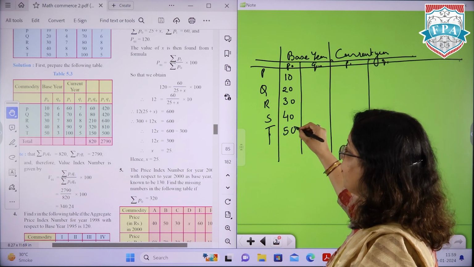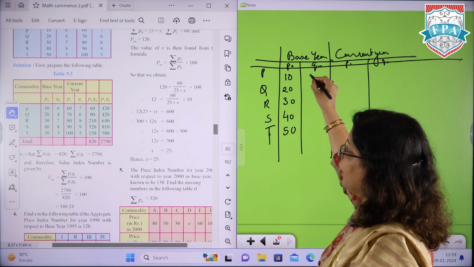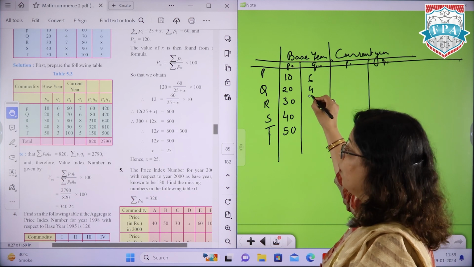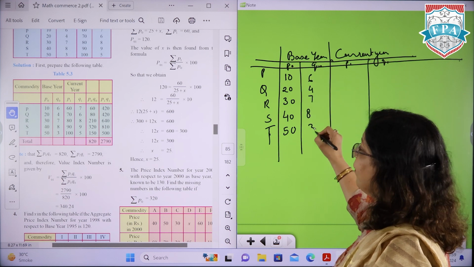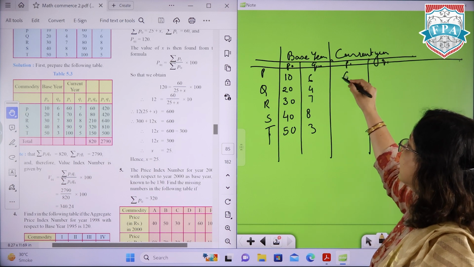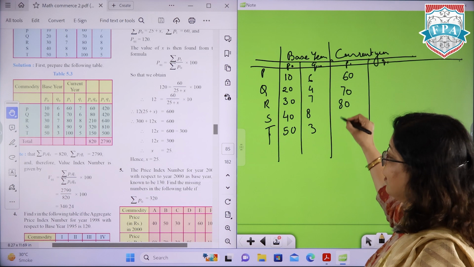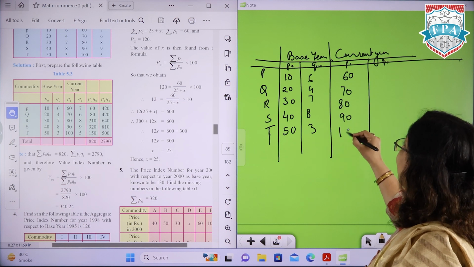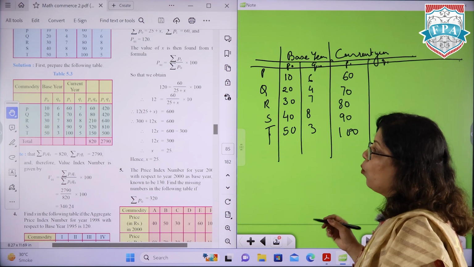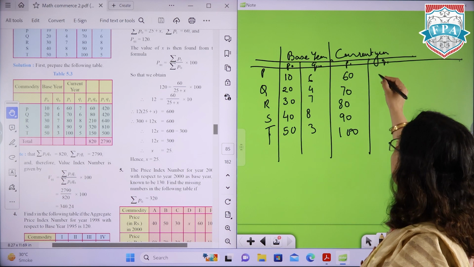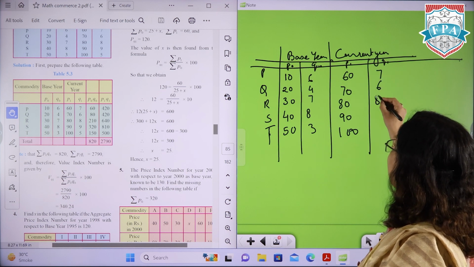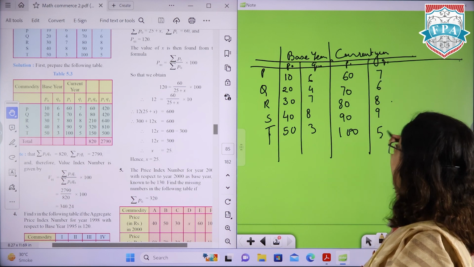These are the prices for the base year. Quantity is 6, 4, 7, 8 and 3. Similarly, we are having say 60, 70, 80, 90 and 100 for the current year, and then the quantities are 7, 6, 8, 9 and 5.